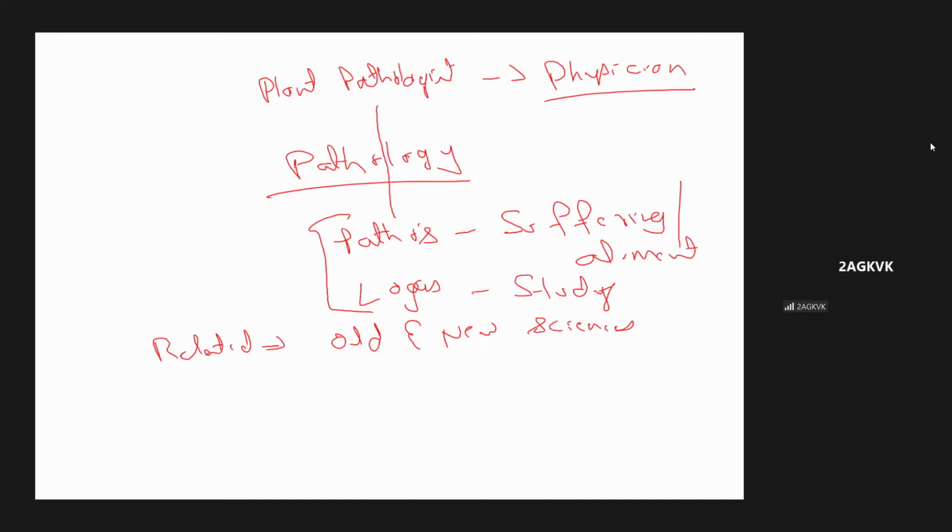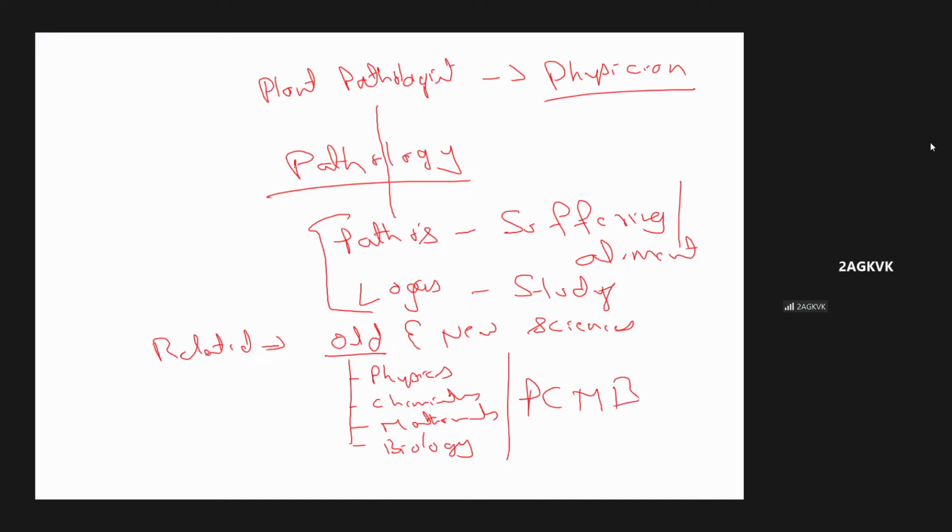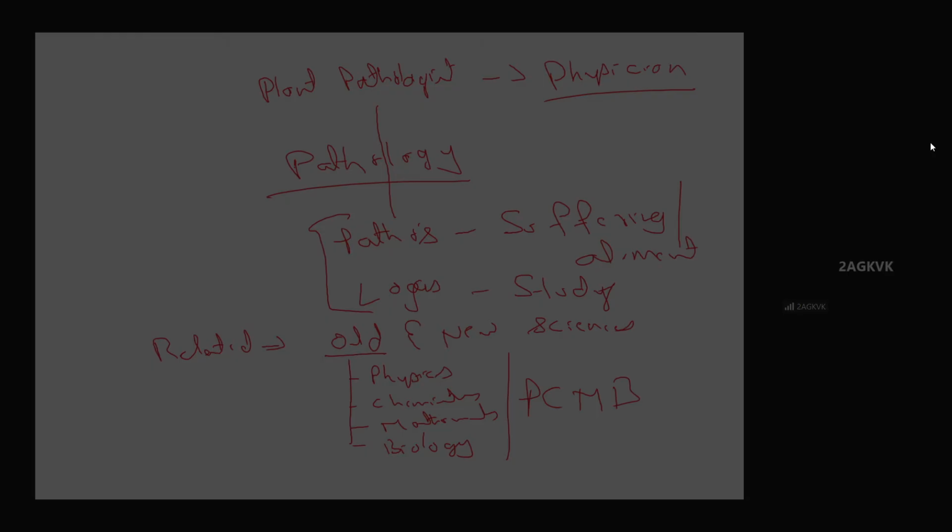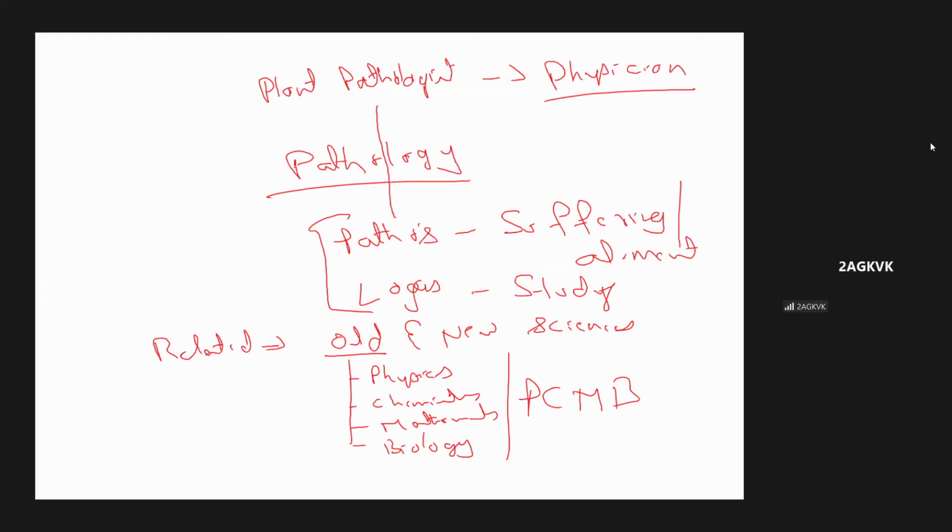Earlier, everything was coming under physics, chemistry, mathematics, and biology. More specifically, this is PCMB, your PUC word, right? Why are we referring to this here? How is this pathology related to the old science, that is PCMB: physics, chemistry, mathematics, and biology?